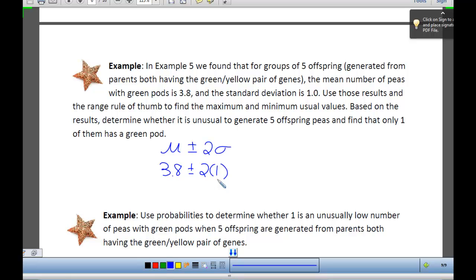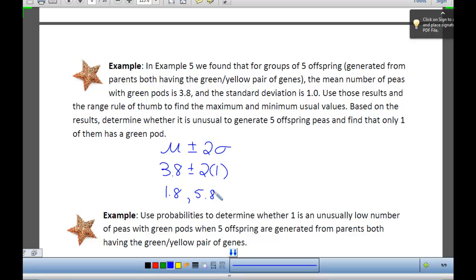3.8, and our standard deviation was 1. So typical values for the number of green pods when we have 5 offspring would be 3.8 minus 2, so that's 1.8, to 3.8 plus 2, which is what? 5.8, which isn't even really possible. But when we look at it in a practical sense, it's saying that it's not unusual for us to have 5 green pods.